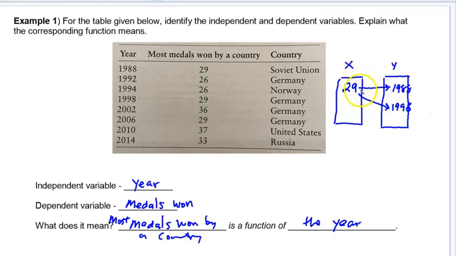In mapping diagram form, whenever this happens, when one input produces two different outputs, then this is not a function. So if it doesn't make a function, then we can't make our variables represent dependent and independent as I've done here.